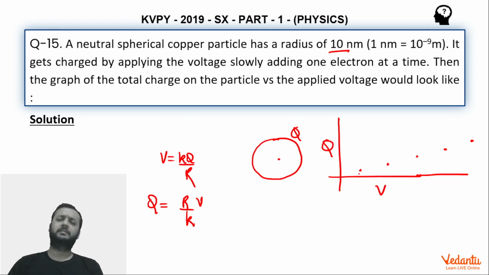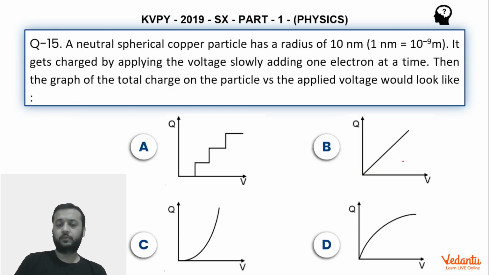But that is not the concerning point. The concerning point is that in my opinion it should have dots, because the charge is being added in a discrete manner and not in a continuous manner. We are adding one electron at a time, so it is being added in a discrete manner.